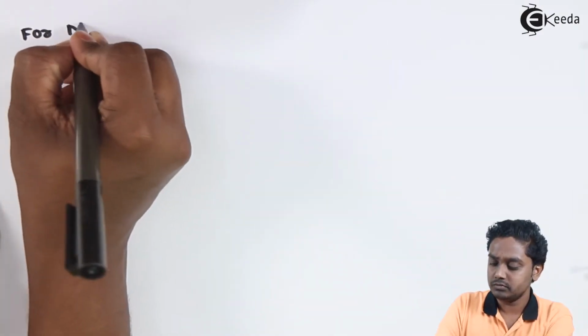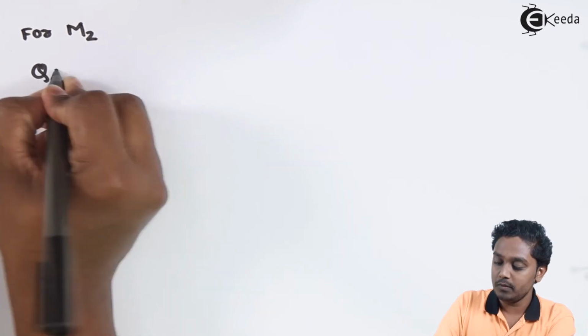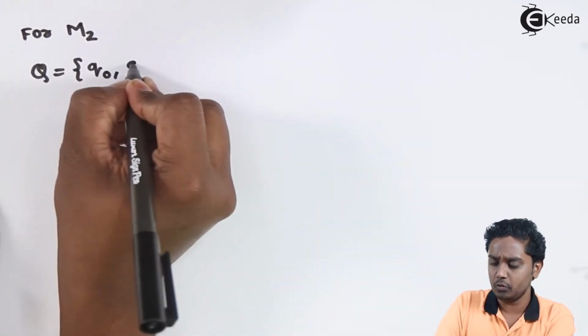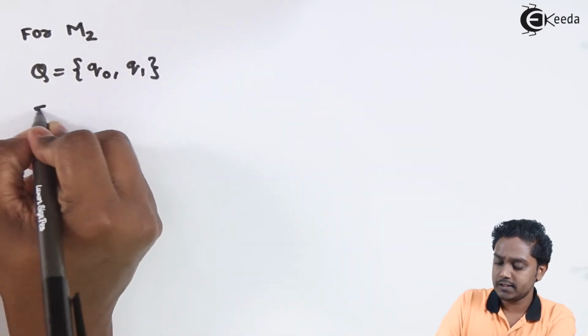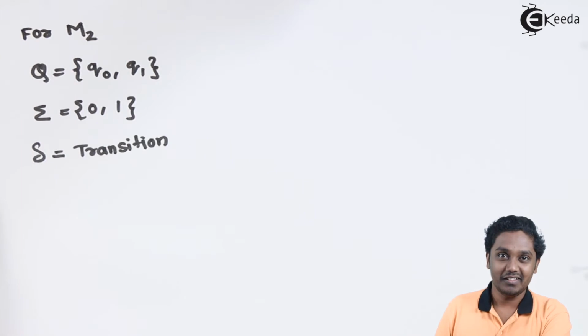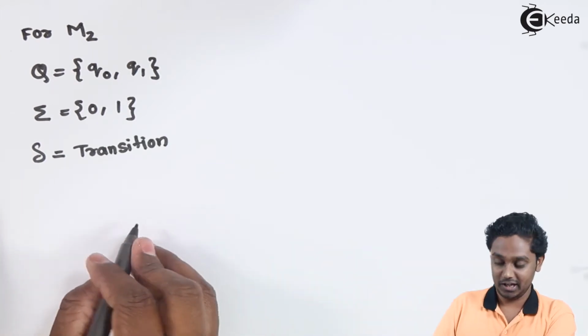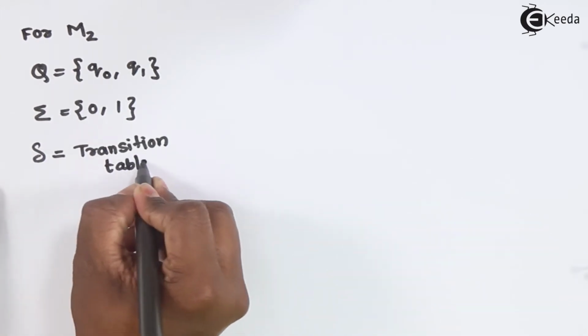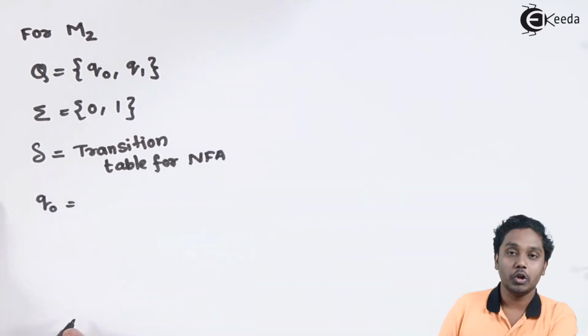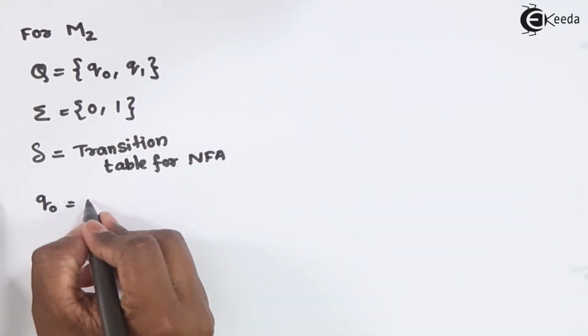For M2, Q is Q0 and Q1. Sigma is the alphabet 0 and 1. Delta is the same as the transition table for the NFA. Q0 is the initial state.